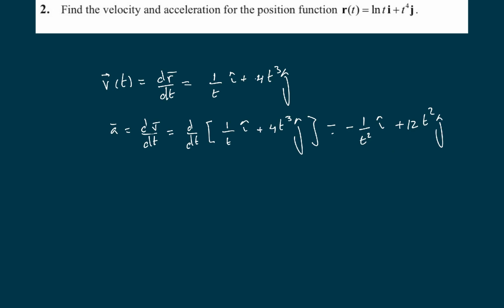You can plug in for different times t what will be. Don't use t equals 0, of course, because the velocity will not be defined, and the position will not be defined, because the natural log of t is not defined at t equals 0.